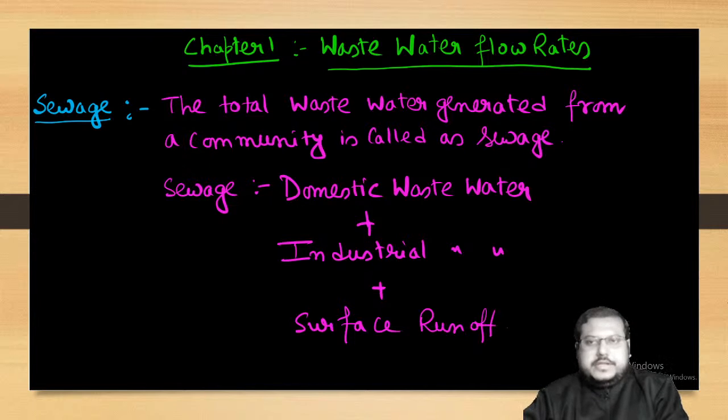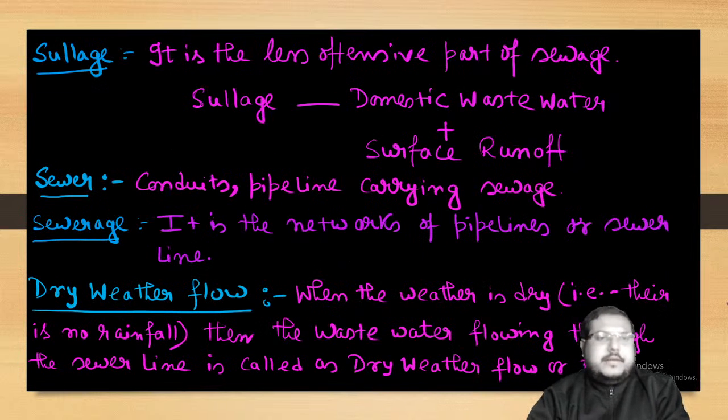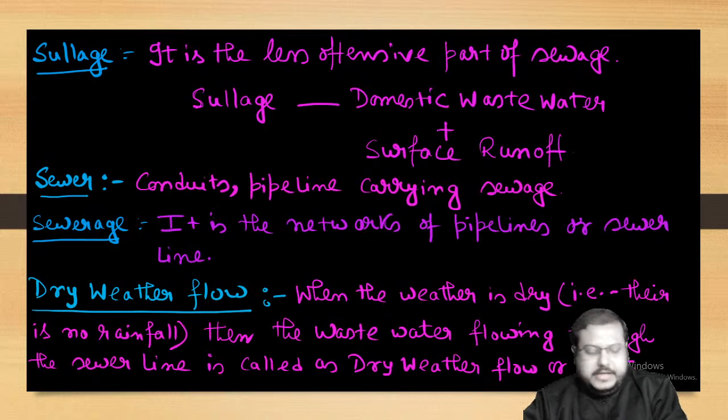The total wastewater generated from a community is called sewage. We are considering only sewage because we are not considering industrial wastewater. Hope you remember it. If not, then go for lecture 11.